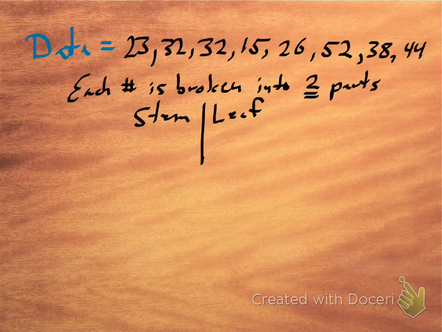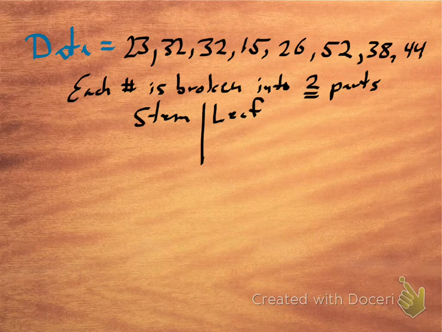And let's start with a data set. I'm going to start with a fairly small one. 23, 32, and so on, all the way to 44. The idea with a stem and leaf plot is that each number in the data is split into a stem and a leaf. For two-digit numbers, it's going to be pretty obvious. The first digit, the tens digit, is going to be the stem, and the ones digit is going to be the leaf.